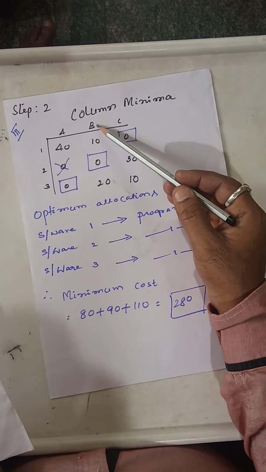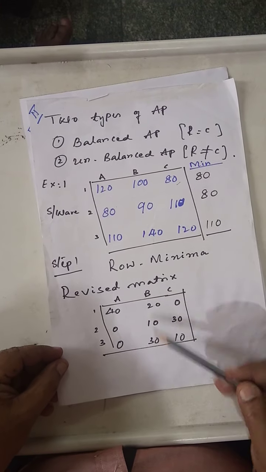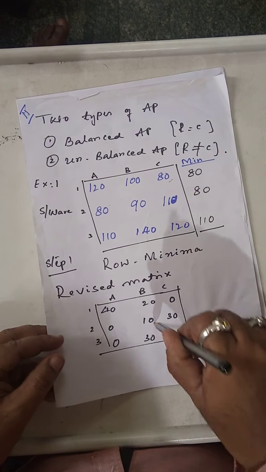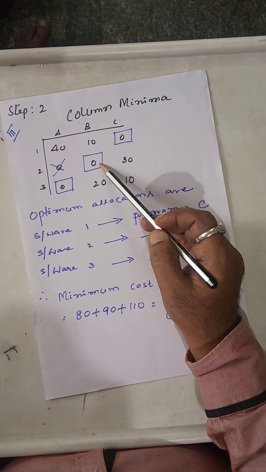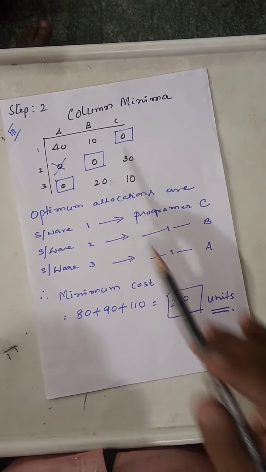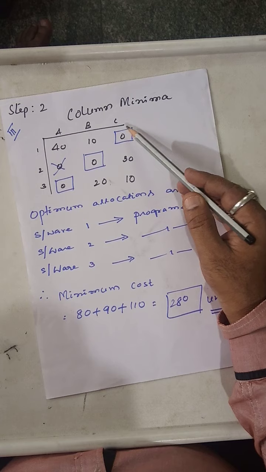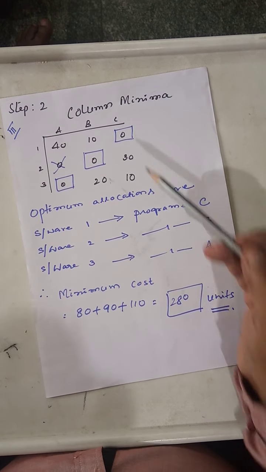And if you go with the second column, the column minimum here is 10. Look at this, 20, 10 and 30. The minimum is 10, and this 10 is to be subtracted now. That is 20 minus 10 is 10, 10 minus 10 is 0, and next 30 minus 10 is 20. We have the second column minima done. And similarly for the third column, 0 is the minimum. There is no change. It remains the same.